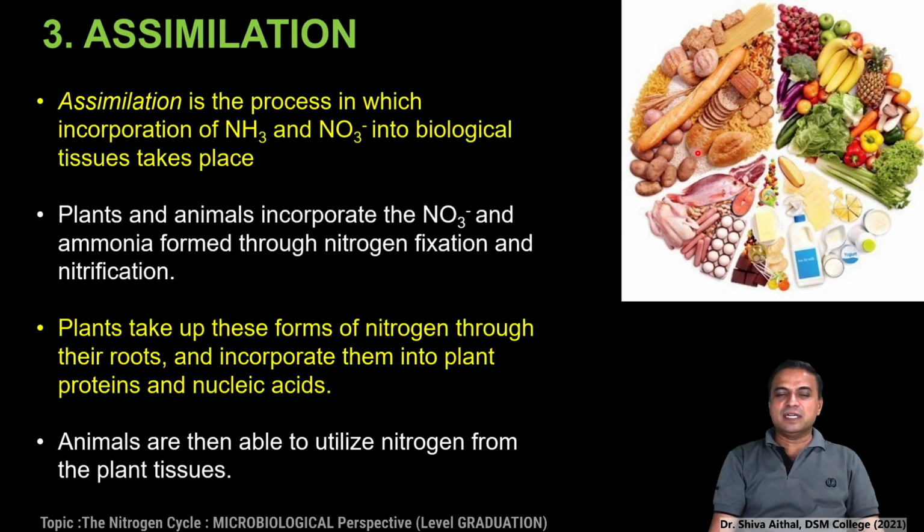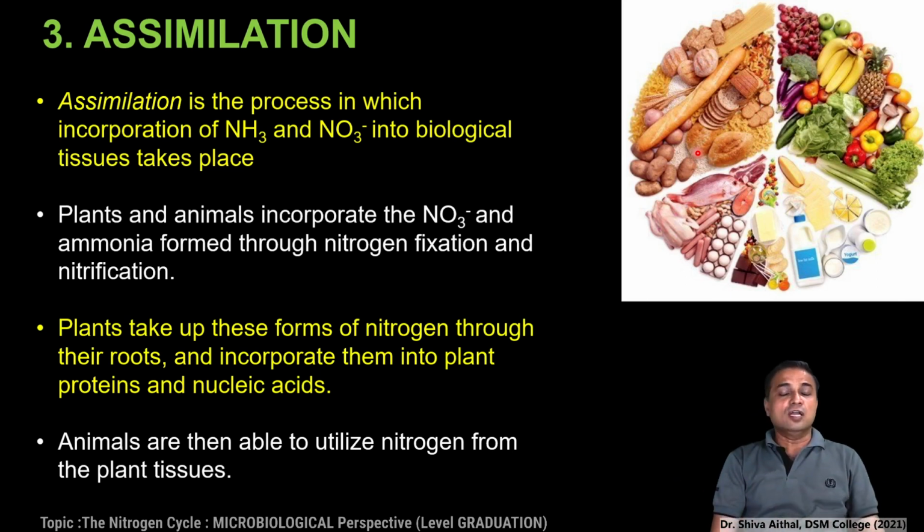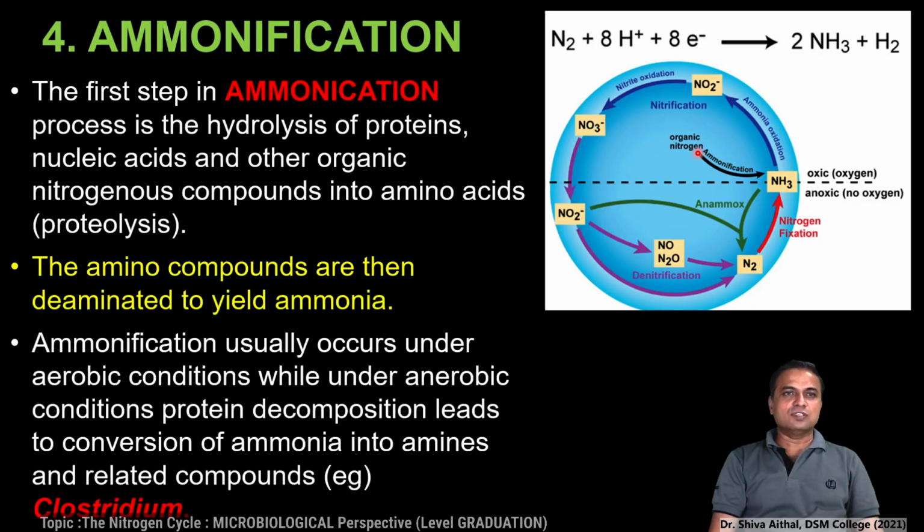Plants take it up from the roots and incorporate it into plant proteins and nucleic acids. We consume it and it becomes part of our biomass as proteins, amino acids, nucleic acids, etc. We then utilize the nitrogen through metabolism, and then we secrete it as urea, urine, and again it forms a part of the nitrogen cycle.